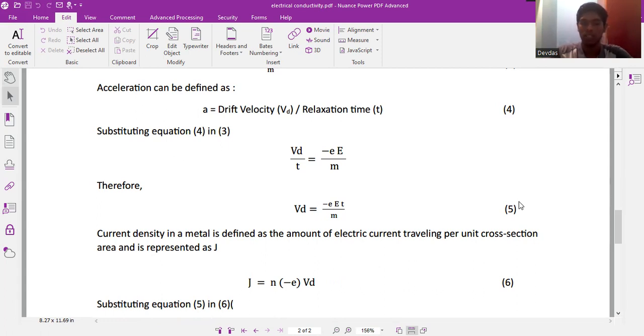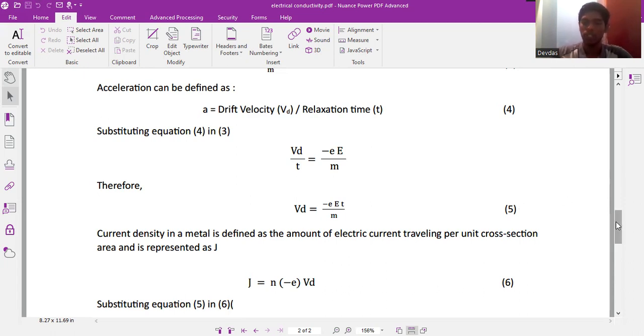Now, the current density of a metal has many formulas. We're going to use two formulas of current density right now. The first formula is J, the current density, equal to n into minus e into Vd, where n is the number of electrons, minus e is the charge of the electron, and Vd is the drift velocity. From this equation 6, we get Vd equal to J divided by minus n e.